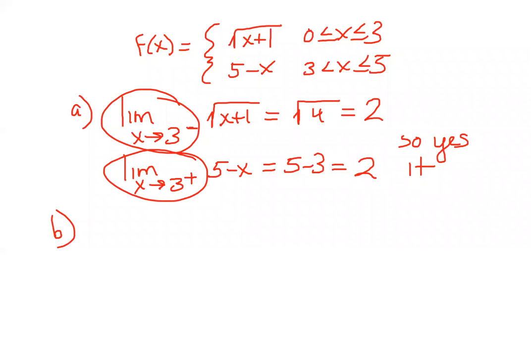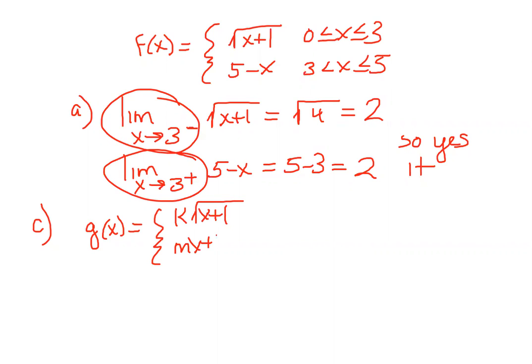Okay, let's look at part B or C. I guess it's part C. Part C, suppose we have another function now, g, so that g of x is k times the square root of x plus 1 and mx plus 2. This is for x between 0 and 3 and here for x greater than 3. Okay, where k and m are constants.